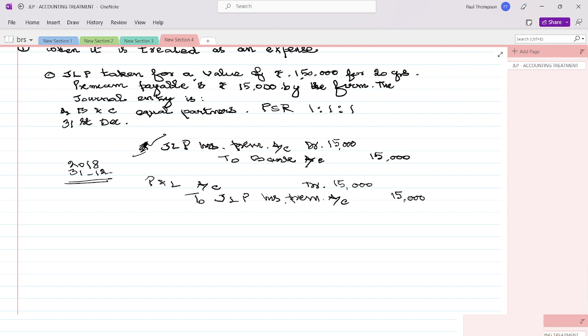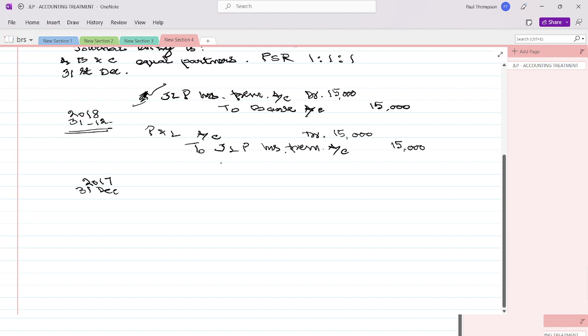The total amount of premium is charged to P&L account. Before this, suppose let us take it in the year of 2017, 31st December 2017, the firm earned a profit of 1,20,000. It is assumed that 1,20,000 is earned by the firm.